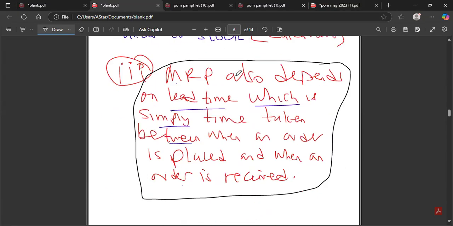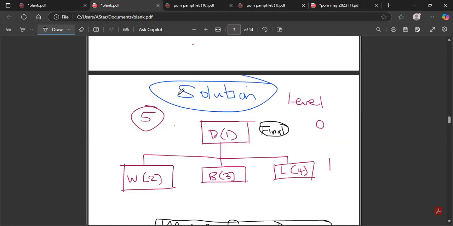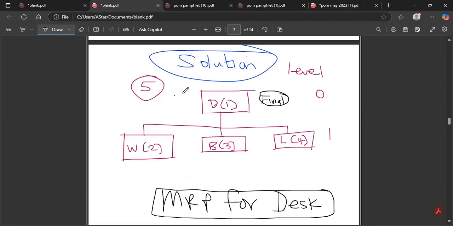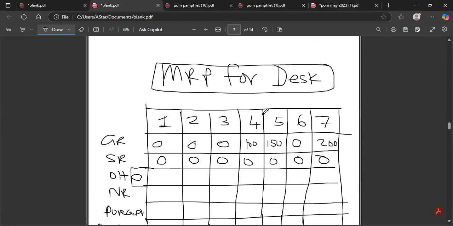Since we don't have any information to do with on hand for this product, we are starting with the desk. So we always start with the final product. Here you're going to have on hand as 0. We are going to use what we call lot for lot.